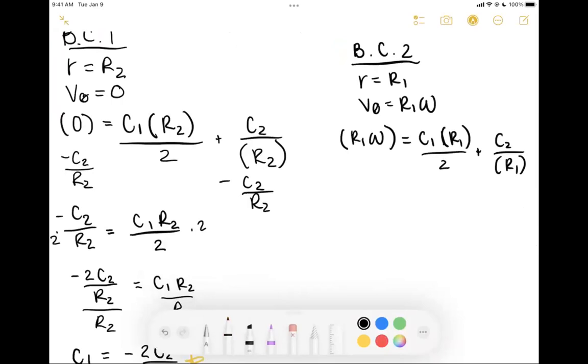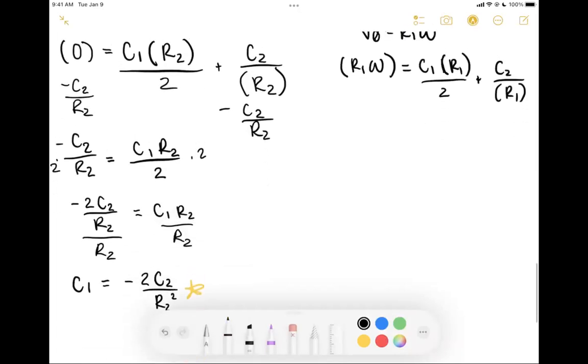In this case, I'm going to solve for C2 because we already solved for C1 and we know what that's equal to. Actually, before I do that, I'm going to plug in C1 right over here into this equation, so then I can really solve for C2.